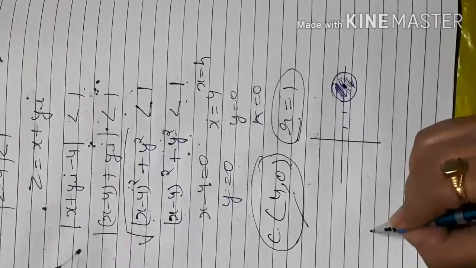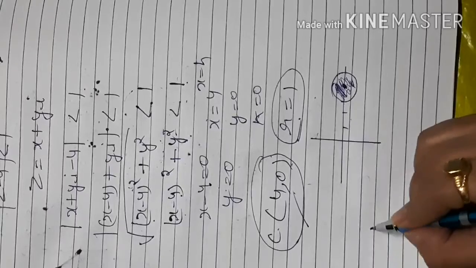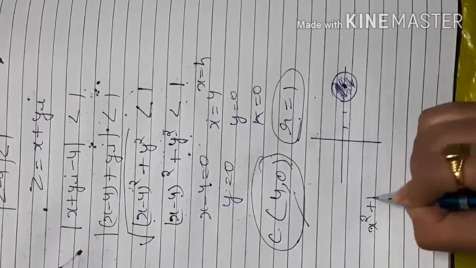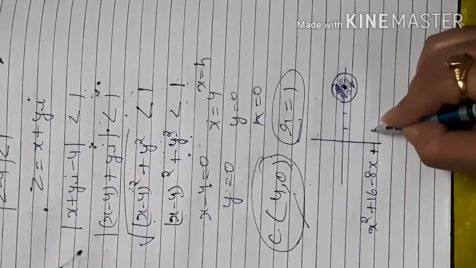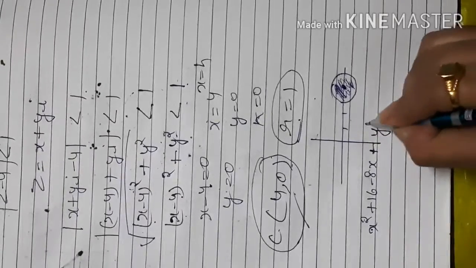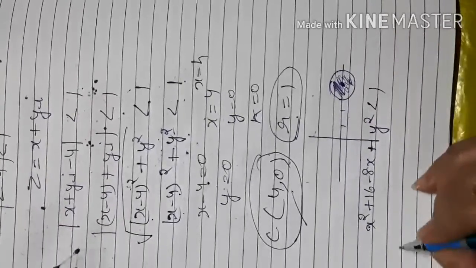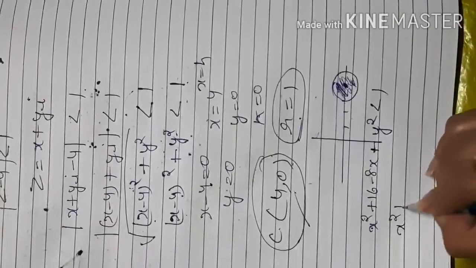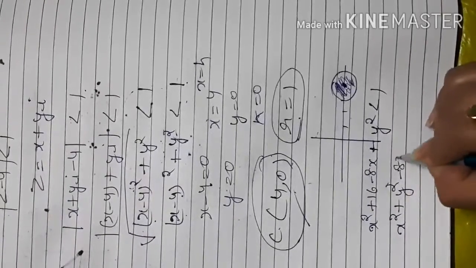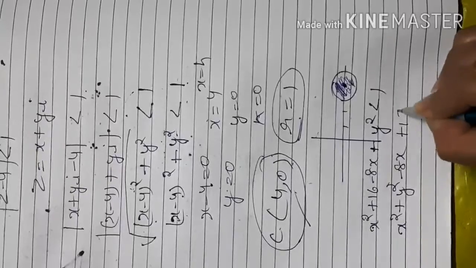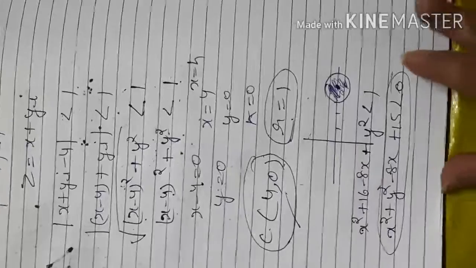If I have x minus 4 whole square, if I apply the a minus b formula, like x square plus 16 minus 8x plus y square and less than 1, my equation will be x square plus y square, then minus 8x, then plus 15 less than 0. So this is my circle equation in the second-degree form.